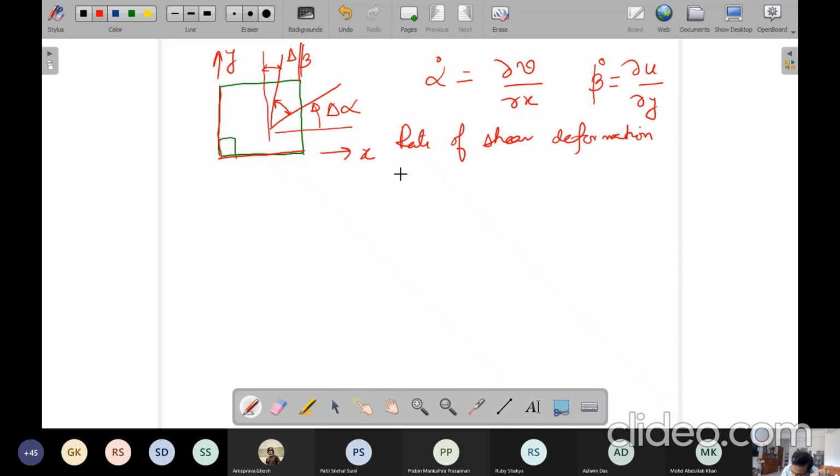How did we define it? We defined it as the average of the rate of change of angle between two line elements, which were originally 90 degrees. Now there is a change, and what is that rate of change on an average?